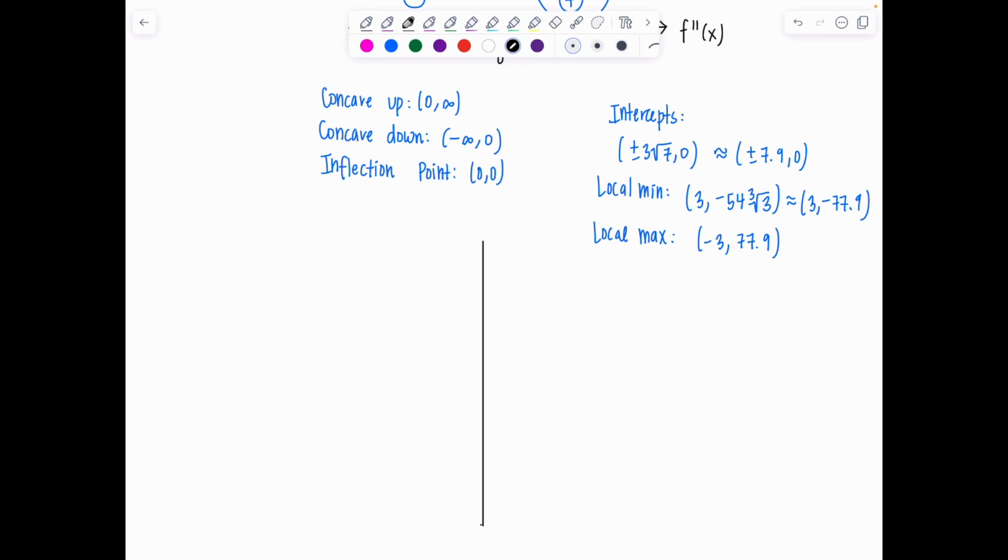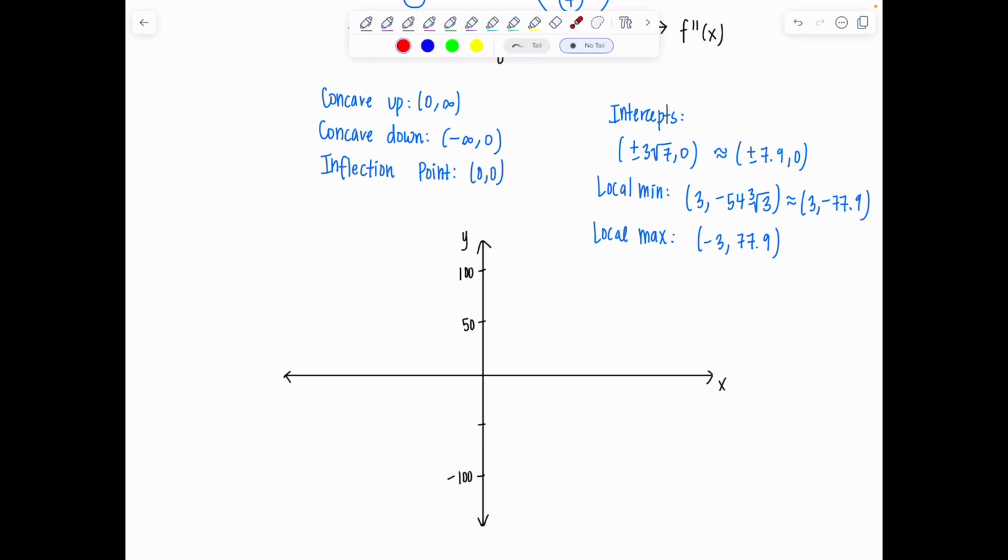Here we go. I know I have to go all the way to like 77 in the y direction and negative 77. So let's say this is 50 and this is 100, okay? Negative 50, negative 100. Just gonna have a relaxing time about it. Now you don't need to scale the x-axis similarly. X only needs to go up to about 8 and negative 8. So I'm gonna go ahead and do that.